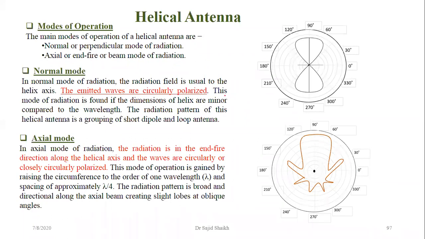Okay, how this antenna radiates the energy means depending upon the amount of energy radiated, that is the first factor, and the second factor is in which direction the energy is radiated. Okay, so these two things are very important. On the basis of these two things, we can decide the mode of operation of any antenna.